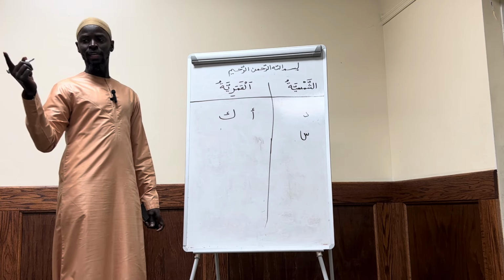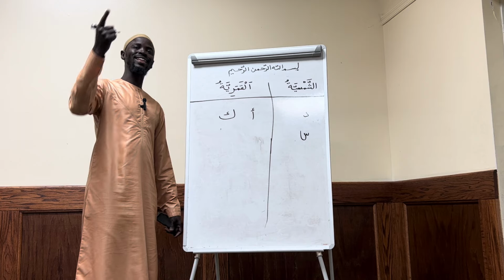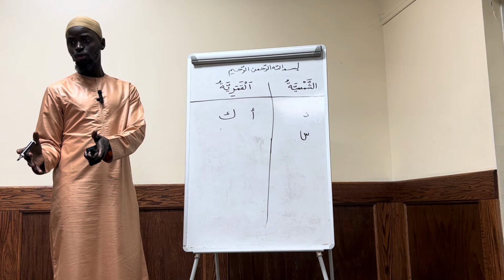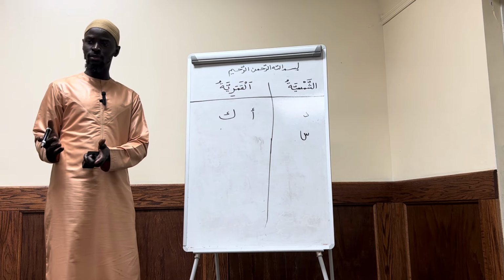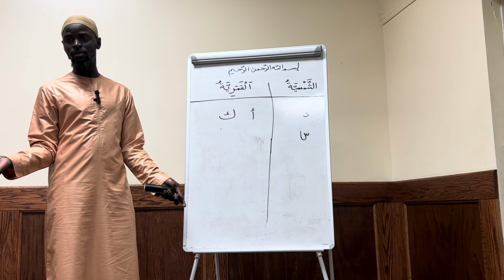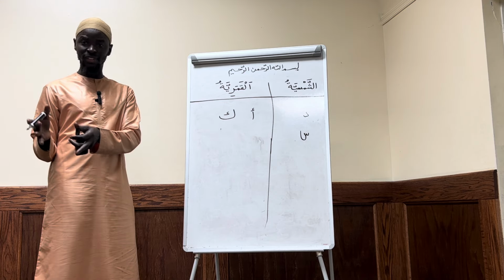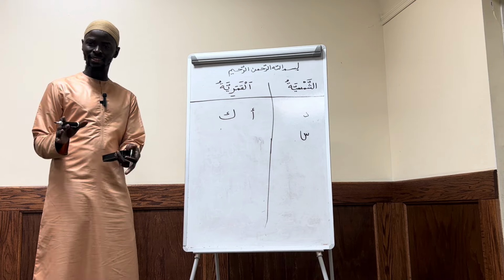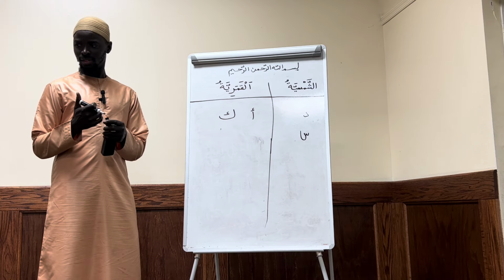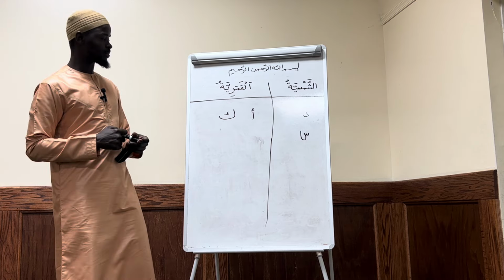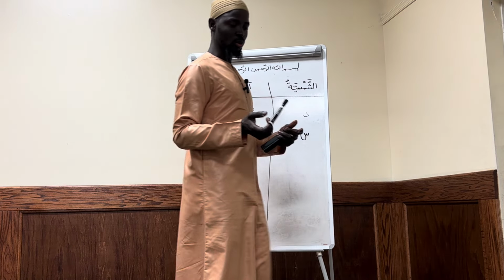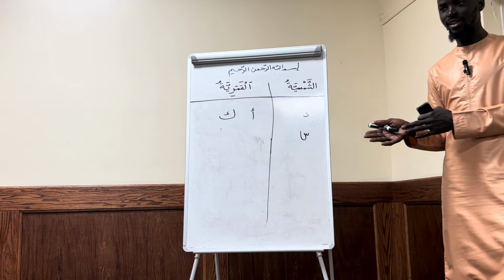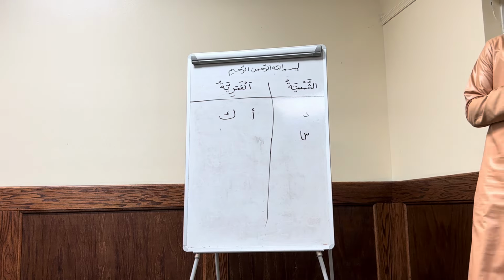So inna a'tadna lil kafirin: we prepared for the disbelievers. What did we prepare for them? Salasila wa aghlalan wa sa'ira. We ask Allah subhanahu wa ta'ala to protect us from that. Okay, the last one is what? Inna a'tadna lil kafirina salasila wa aghlalan wa sa'ira.